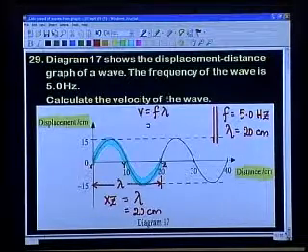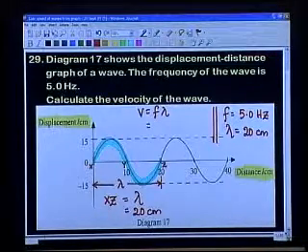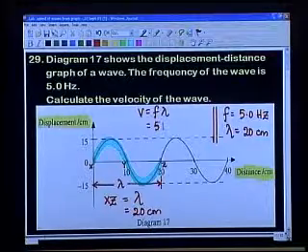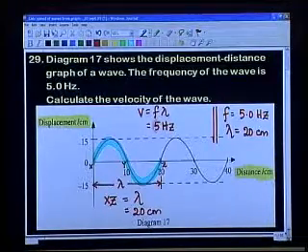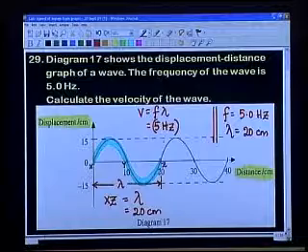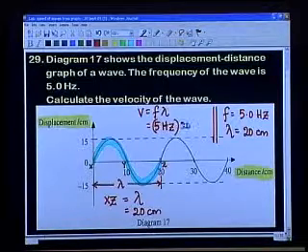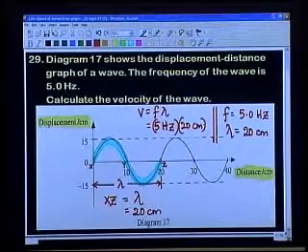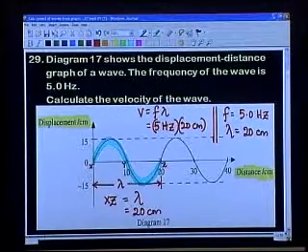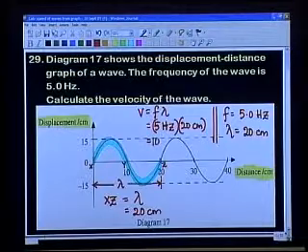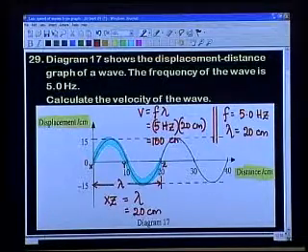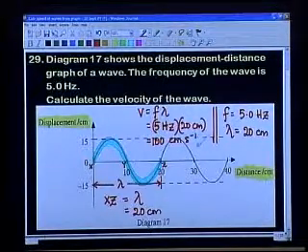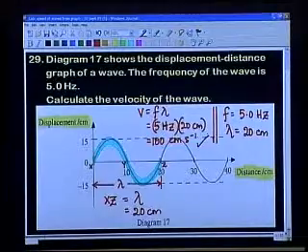And what is f? f is 5 hertz multiplied by lambda. What is lambda? 20 centimeters. And what is our answer? 5 times 20, we have 100 centimeter per second. So this is our answer.